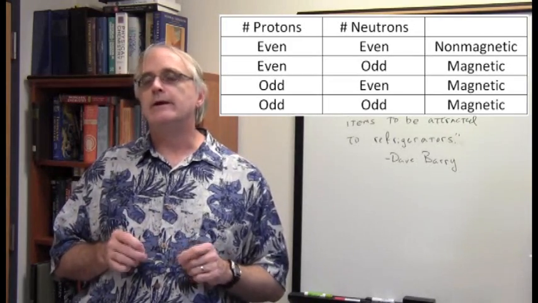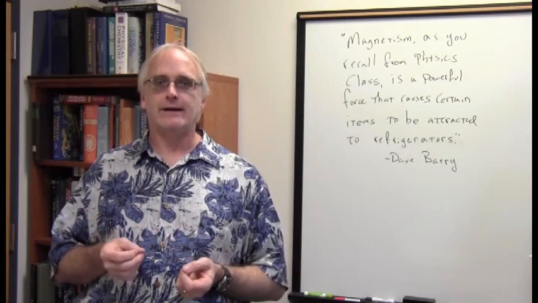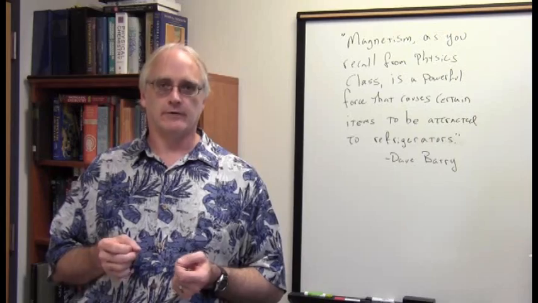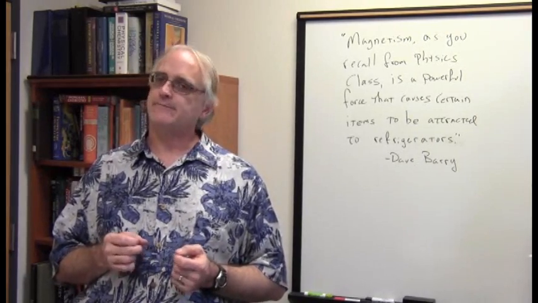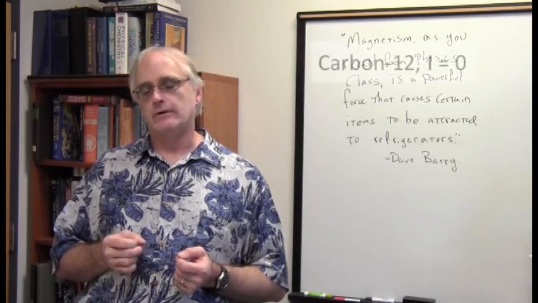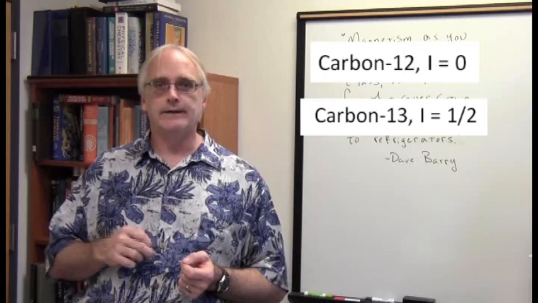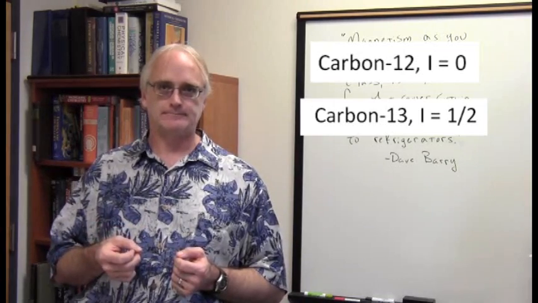Quantum mechanically, we keep track of nuclear magnetism in the various nuclei by assigning a spin quantum number, I equals 1/2, to every unpaired spin we find in that nucleus. We're going to say then that carbon-13, with that one odd neutron in there, is a spin 1/2 nucleus.